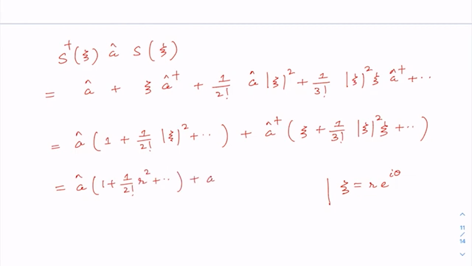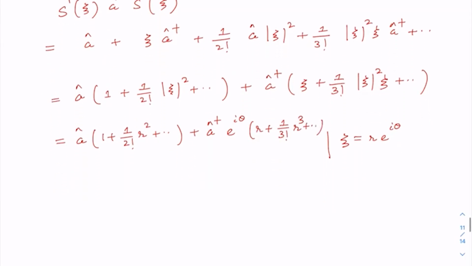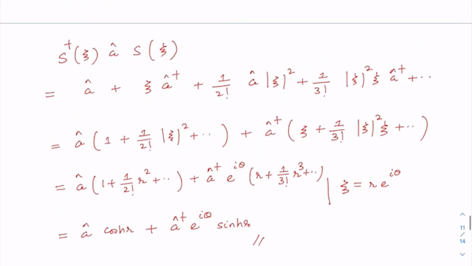And here I'll have a dagger e to the power i theta times r plus 1 by 3 factorial r cube and so on. So you can immediately recognize that here I have a cosh r, and here I have a dagger e to the power i theta sinh r. So hence we have proved the relation.